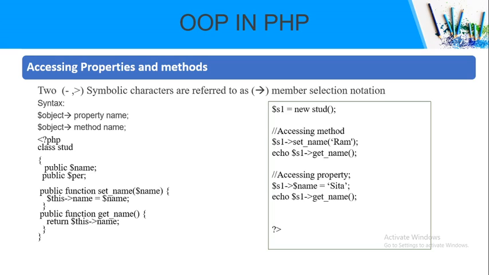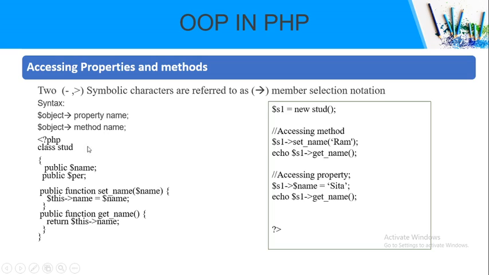Then the syntax for accessing a property as well as a method. First, for the property, $object means the name of the object, then the member selection notation, then the property name, and for the method, $object, then the method name.